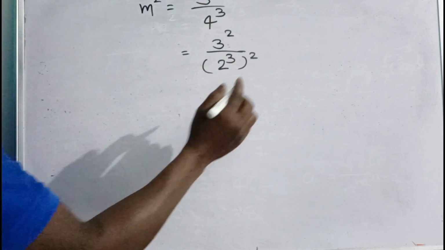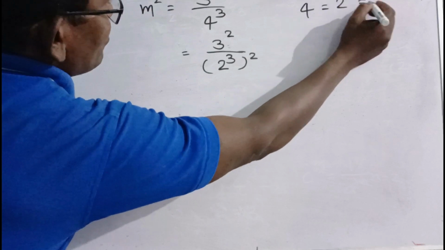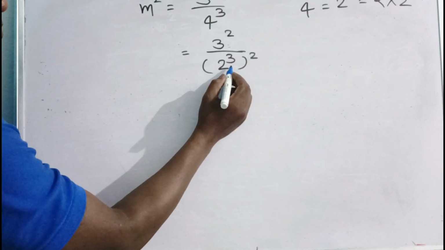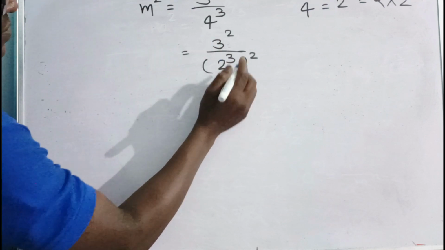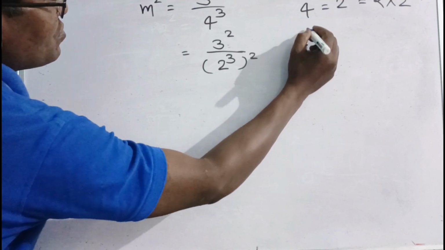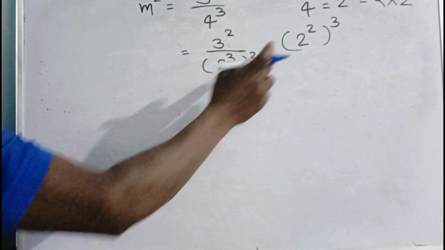What is the value of 4 means what? 2 square, that is 2 into 2. बाद में क्या किया? 2 square raised to the power 3। अब यहां पर क्या होगा?